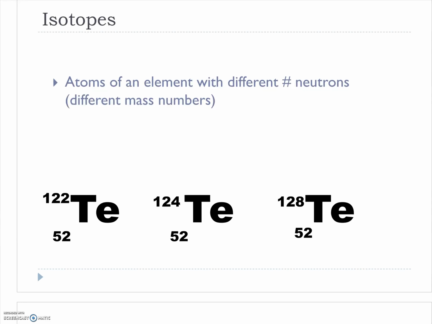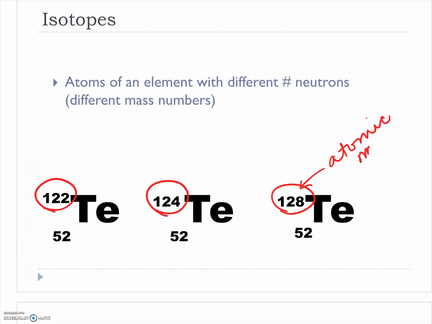Also, just to review, isotopes are atoms of the same element, but they have different numbers of neutrons, which results in a different atomic mass. Remember, the top number is the atomic mass when we wrote these symbols, and the bottom number is the atomic number. Remember, the atomic number is the number of protons. The atomic mass is the number of protons plus neutrons.